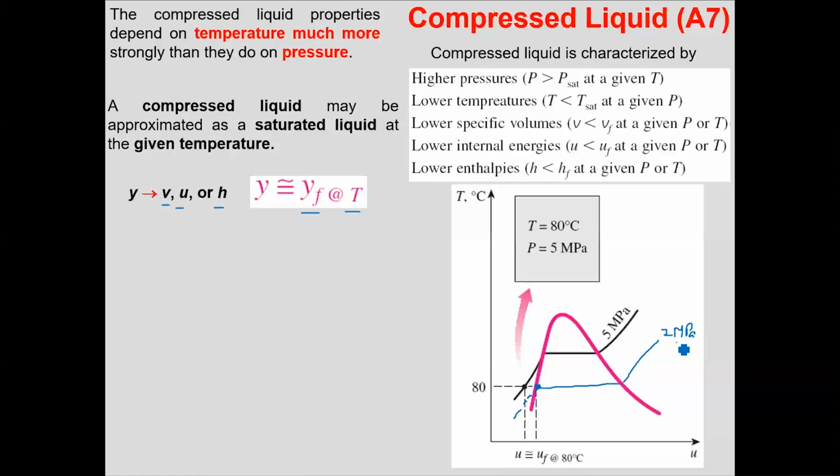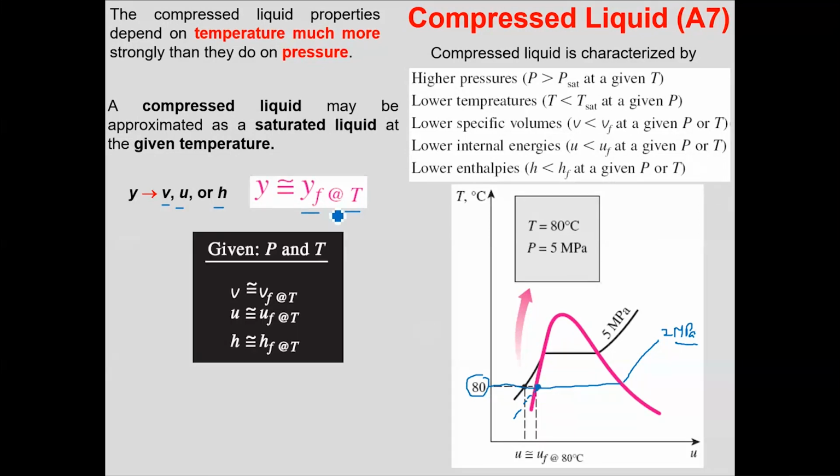So I'll ignore the pressure. I'll just take the temperature as my reference and measure the value of saturated liquid at that temperature. So all three values, specific volume, internal energy, or enthalpy, can be approximated as saturated liquid values at the given temperature. I hope this is clear up till now. Yes, sir.